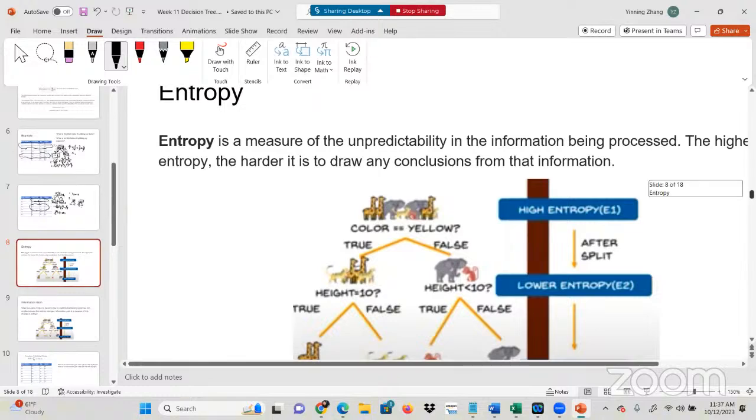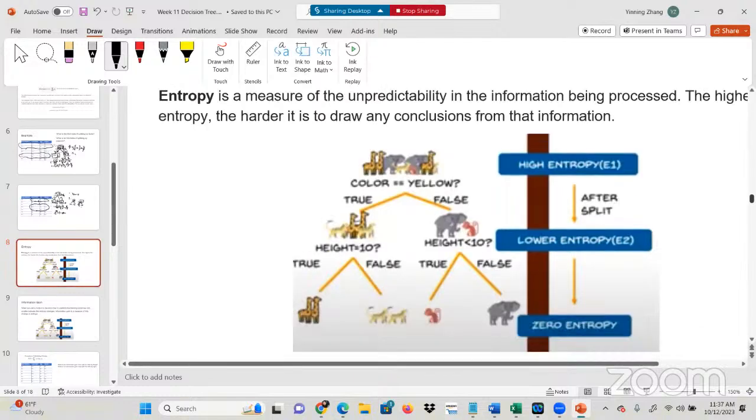What does that mean? For example, if you have a result that is all males, then the unpredictability is 0, because you can easily predict it. Everyone I pull up is a male.